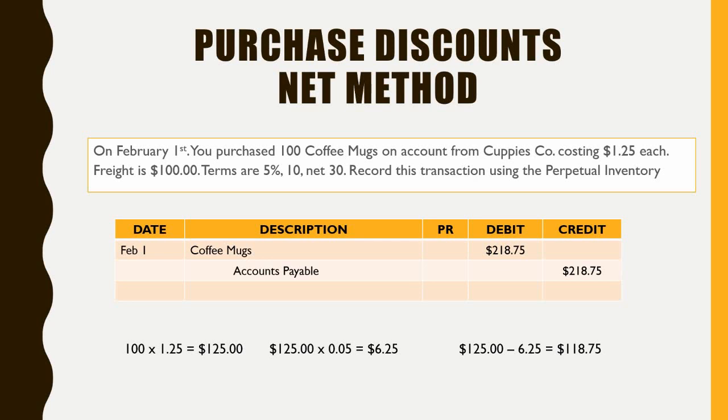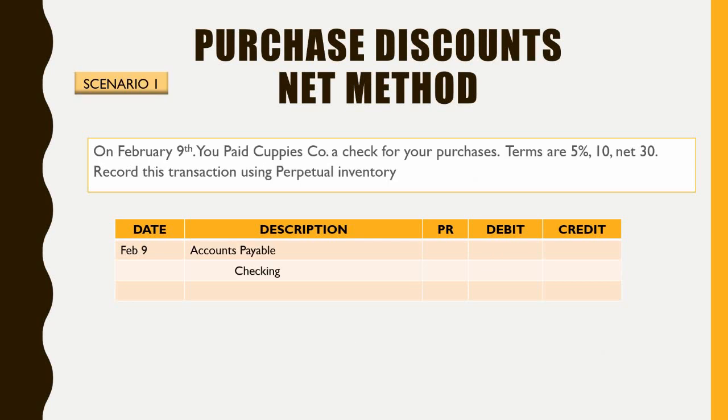All right. So here we are. We applied the 5% discount immediately to my coffee mugs, and I'm going to owe the discounted amount. Scenario 1 says, what if on February 9 you decide to pay Cuppies Co. for the purchase amount?